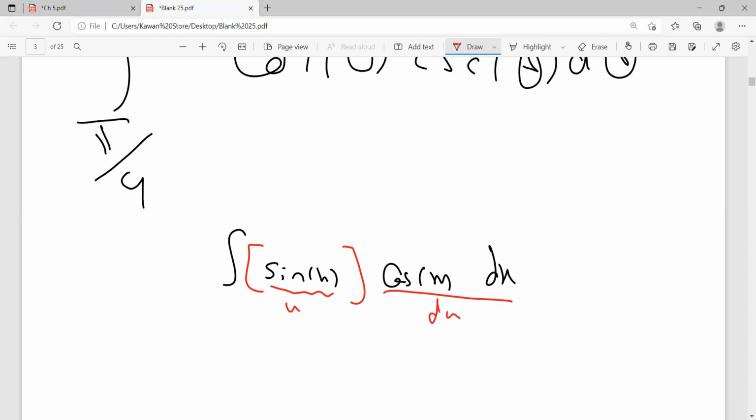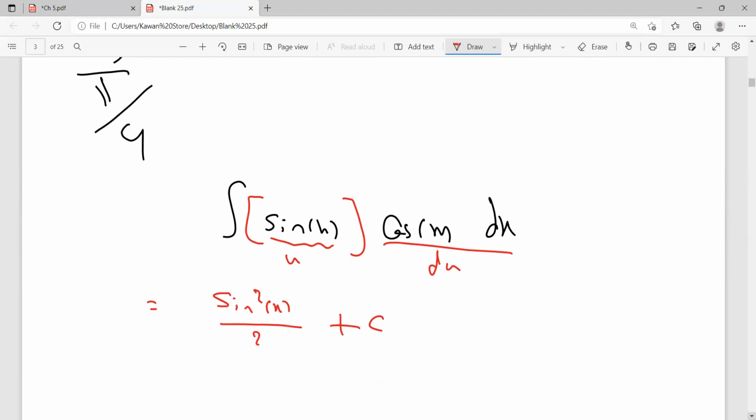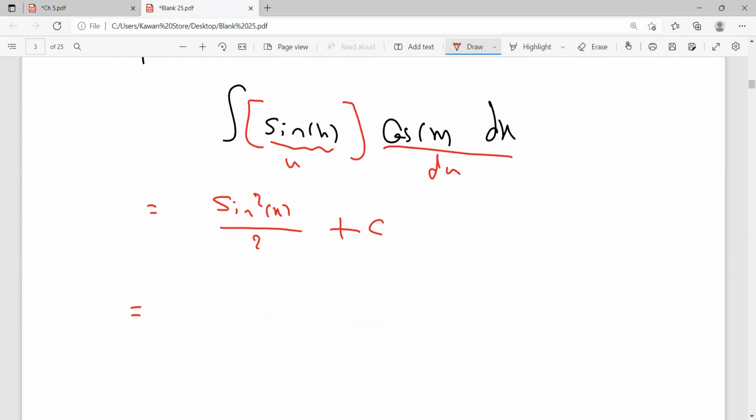Derivative of sine, cosine. So I'll get what? Am I right? You remembered? Okay, I hope. Okay. So how about if in this example, I change it to that?